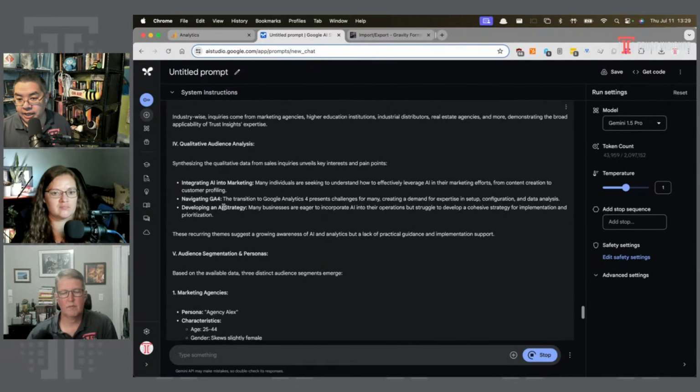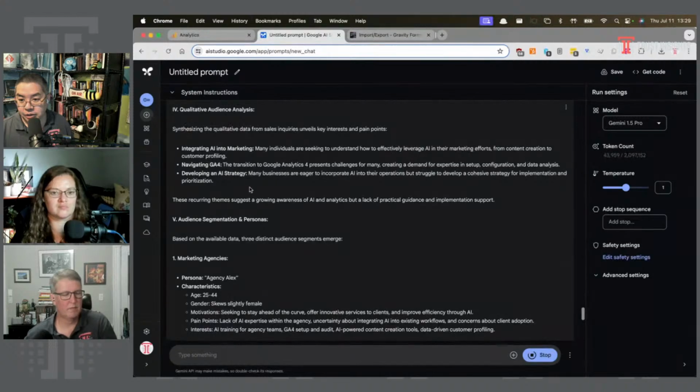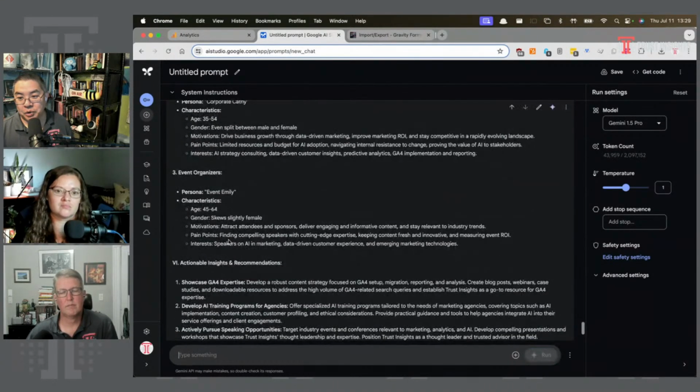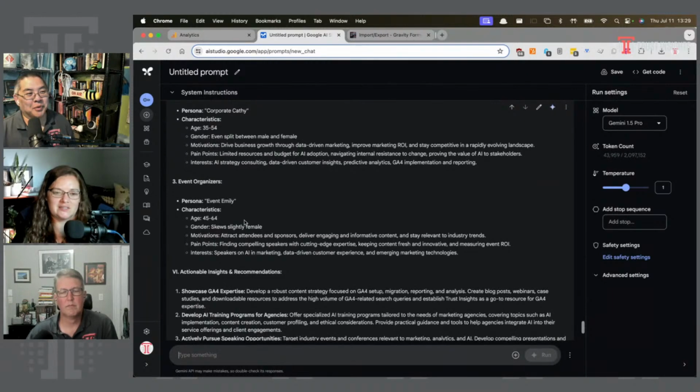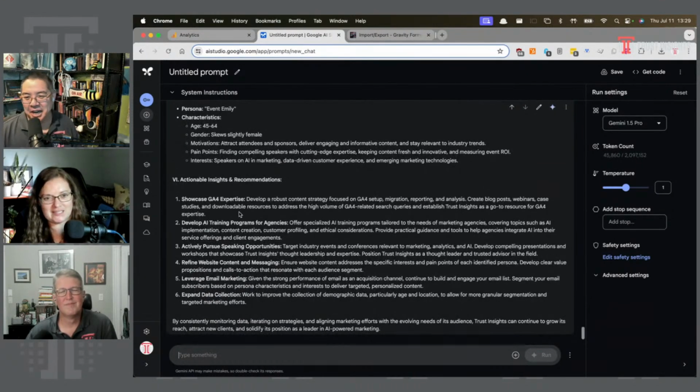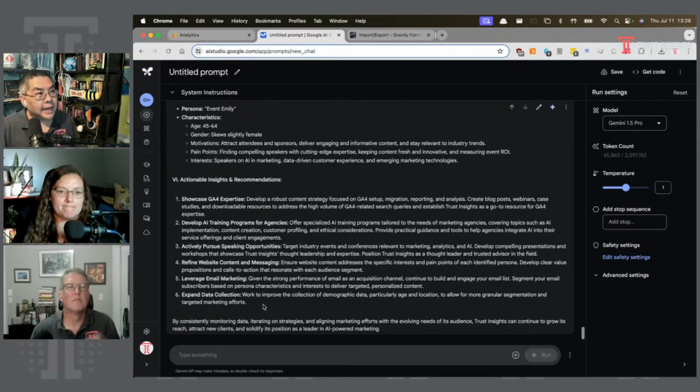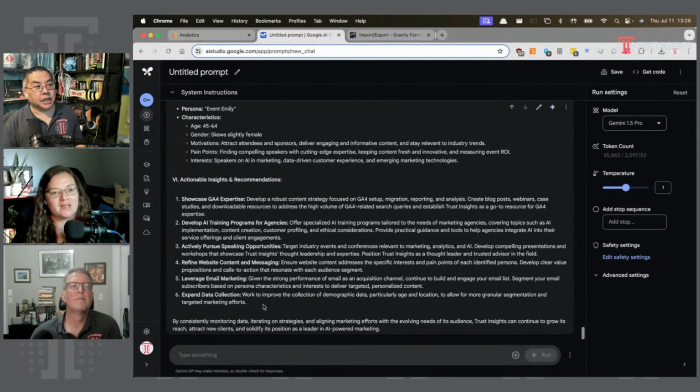Integrating AI into marketing, navigating GA4, developing AI strategy. Those are the kinds of things that people are interested in. And then it attempted to build some personas, Event Emily, Corporate Cafe. Showcase GA4 expertise, develop AI training programs for agencies, actively pursue speaking opportunities, refine website content messaging, leverage email marketing, expand data collection. So that's its analysis based on the pieces we provided.